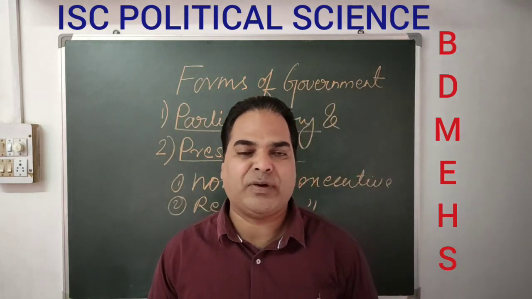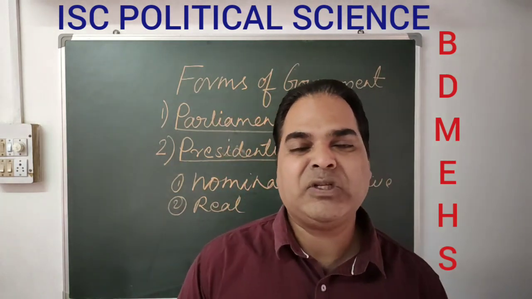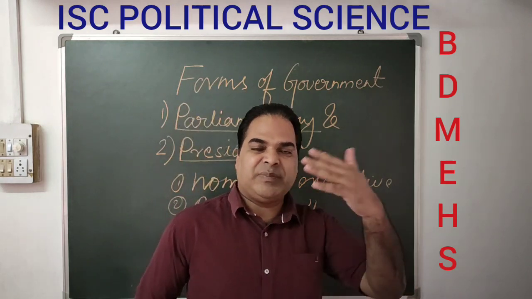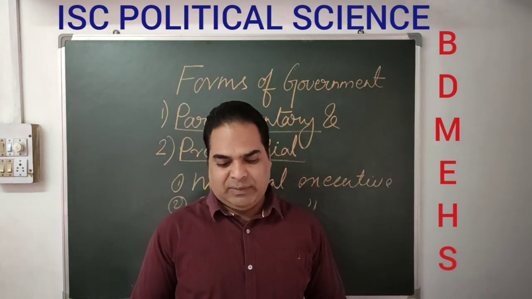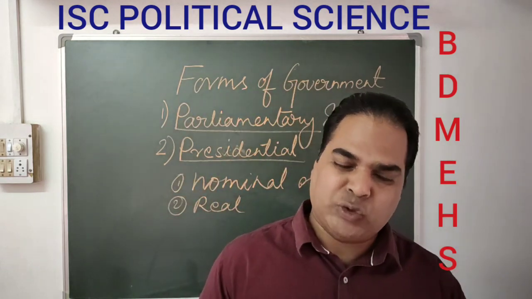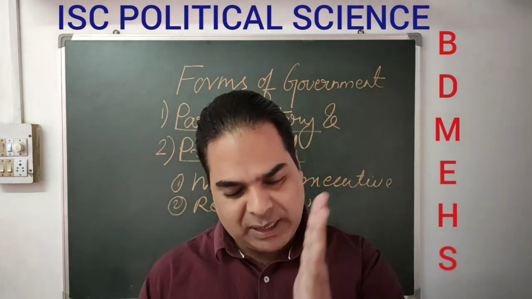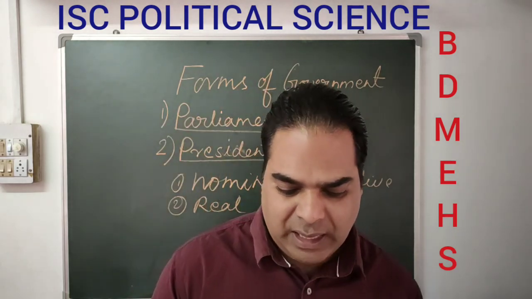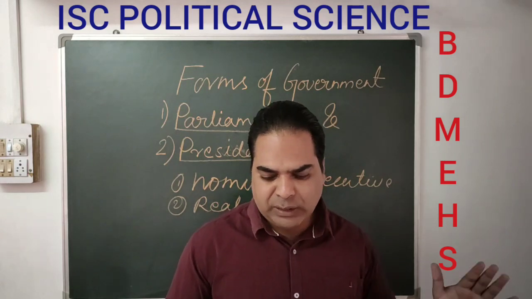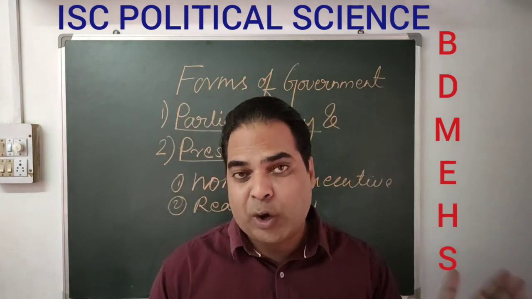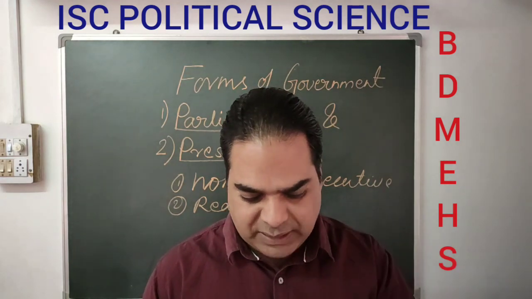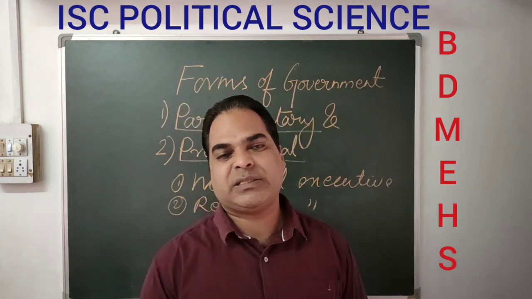So the first important salient feature of a parliamentary form of government is the difference between nominal and real executive. In a parliamentary form of government, the executive has two parts once again. First is the nominal executive, second is the real executive. All the executive powers are vested in him, that is the head of the state, but he does not exercise this power.